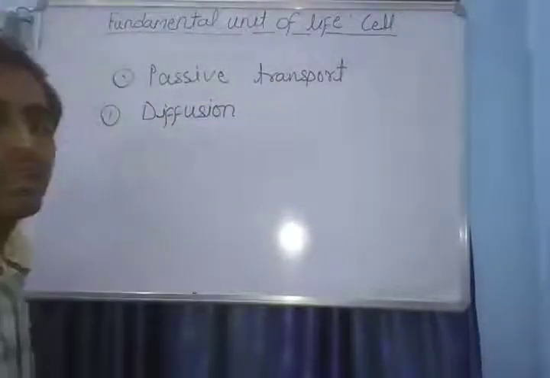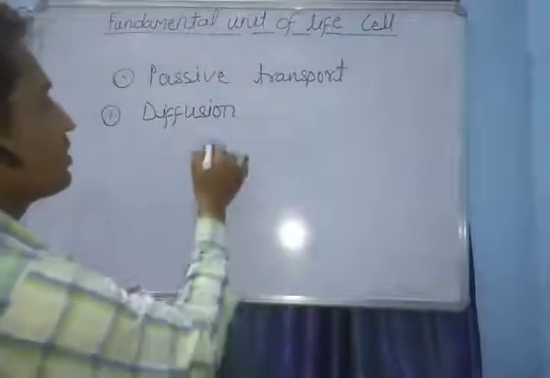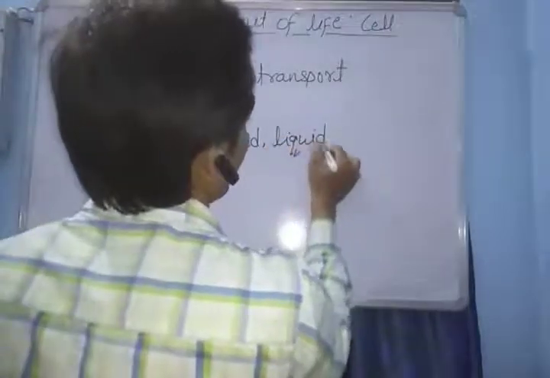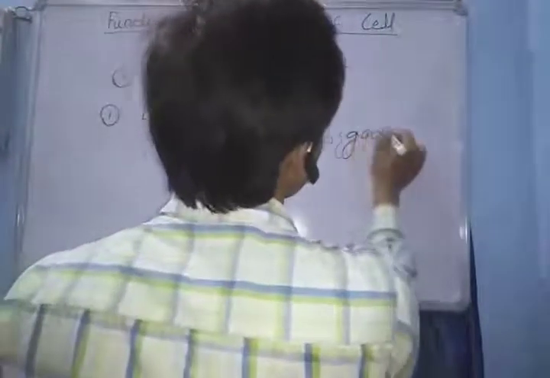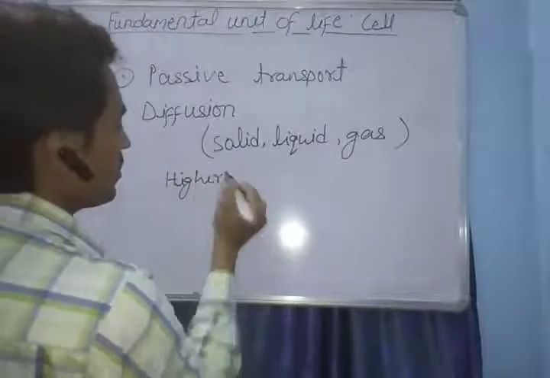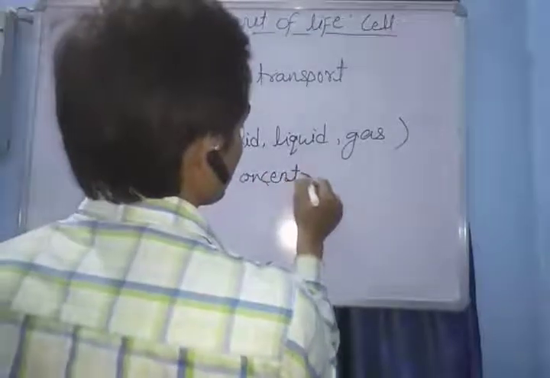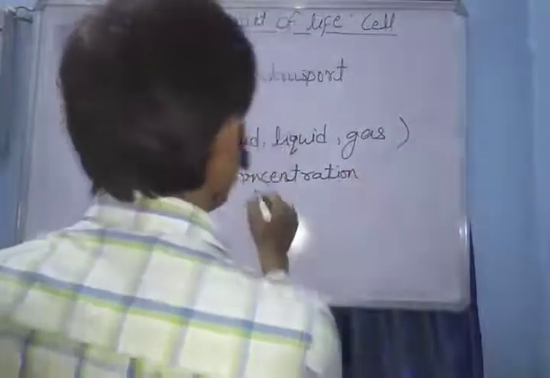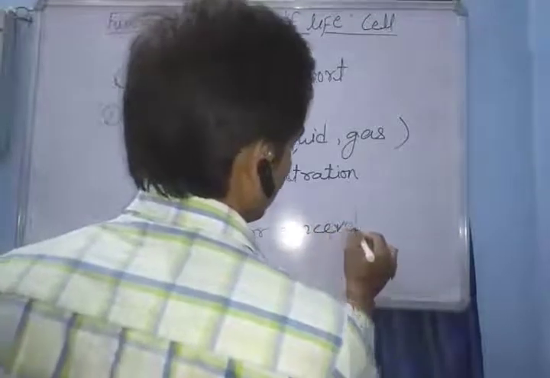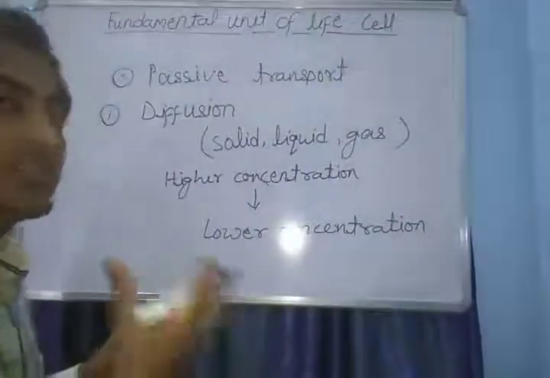In this process, energy is not required. Diffusion is the movement of solid, liquid and gas from its higher concentration to its lower concentration, to maintain or equalize the concentration gradient.